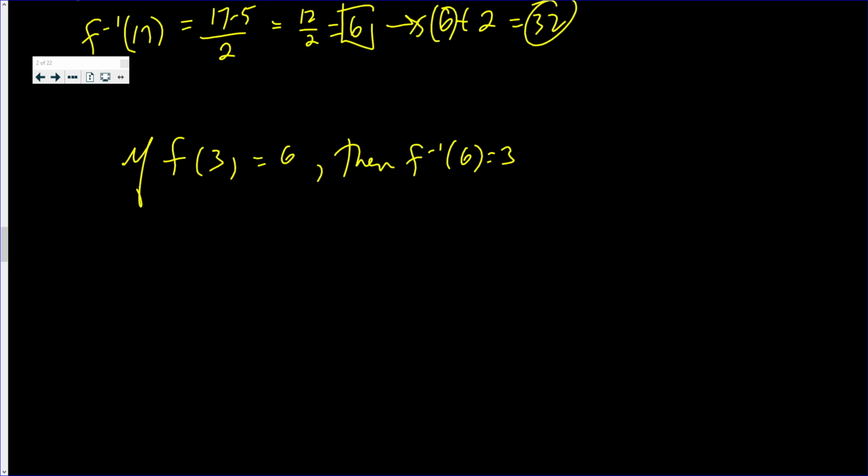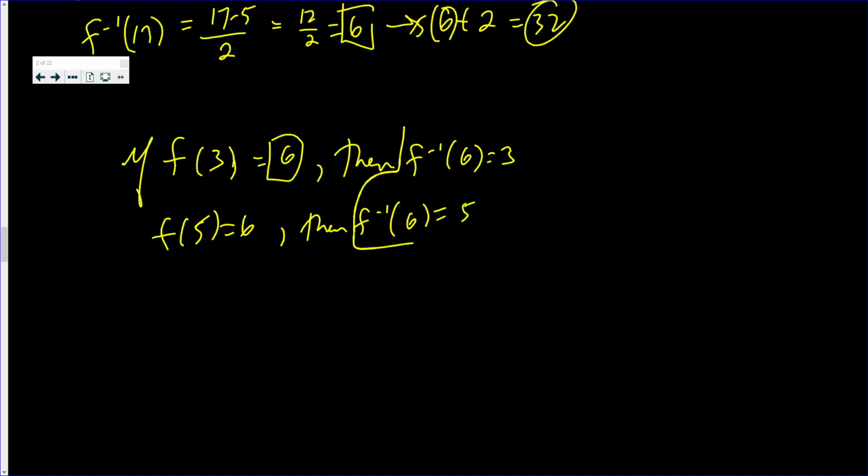Now, you can only talk about inverses if the function is 1 to 1. Because there might be other numbers that I can take f of that gives you 6. If I tell you f of 5 is 6, then f inverse of 6 is 5.